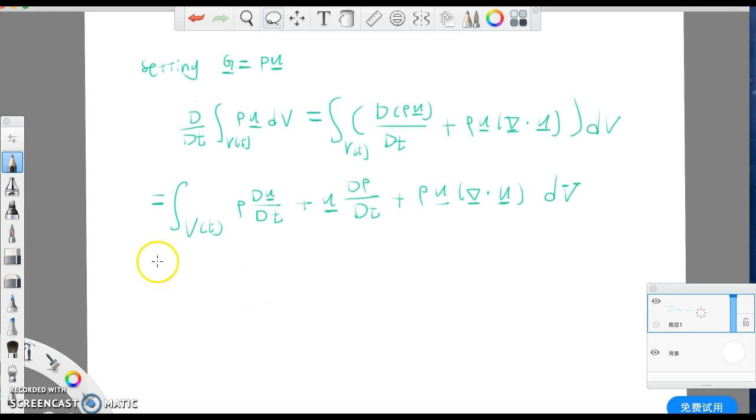Now the equation looks even more complicated, but if you use the continuity equation, which is easily derived in the lectures, so I'll just take it for granted: partial rho partial t plus divergence of rho u is 0, and that means partial rho partial t plus u dot grad rho is equal to minus rho divergence of u, right?